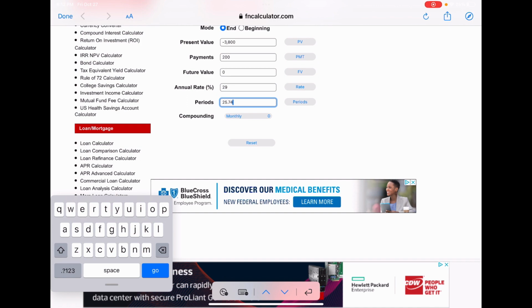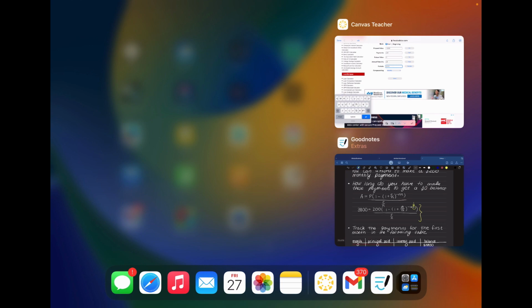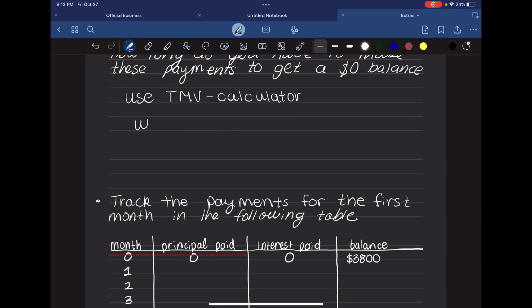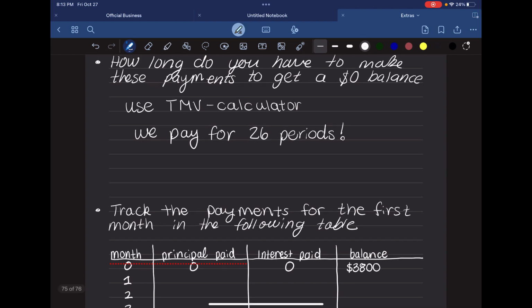And so we go ahead and round up. So 26 periods is how long we're going to need to be making this payment for. Okay, so that's a little over 2 years, basically 2 years and 2 months.